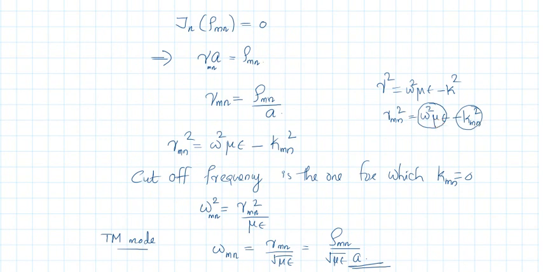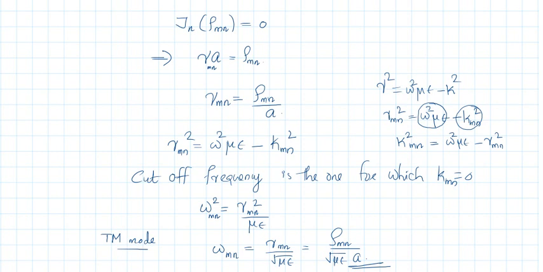Now you can see that k square mn is equal to omega square mu epsilon minus gamma mn square, right? If this k square mn is equal to 0 for a particular frequency, that is called the cutoff frequency.